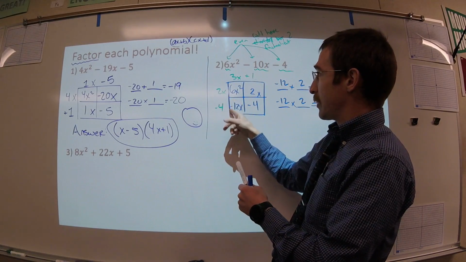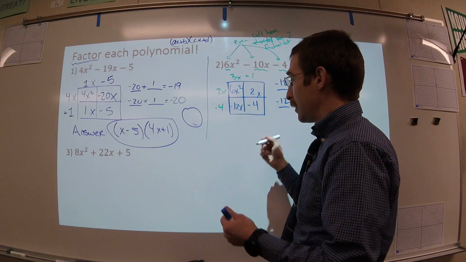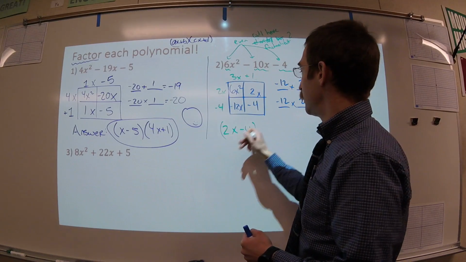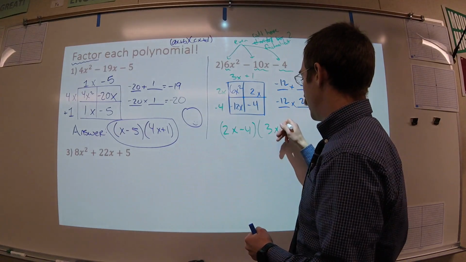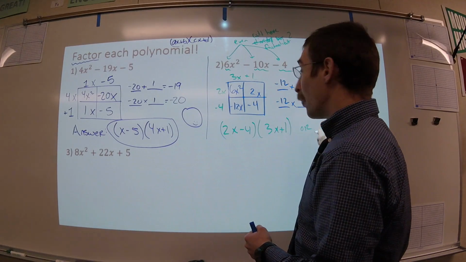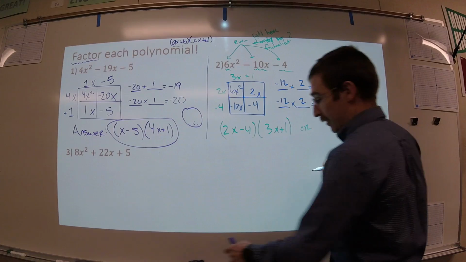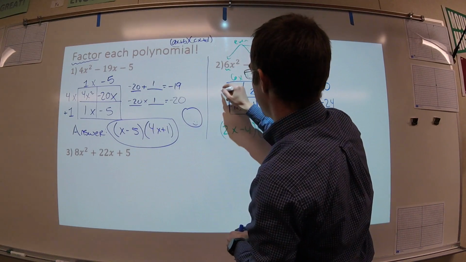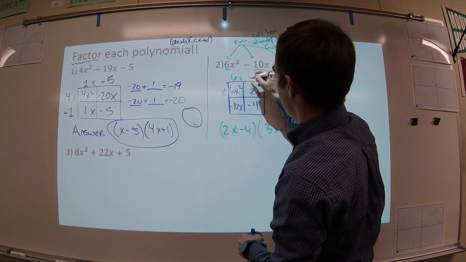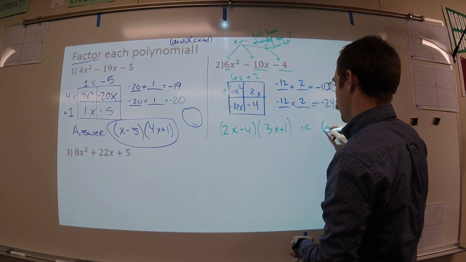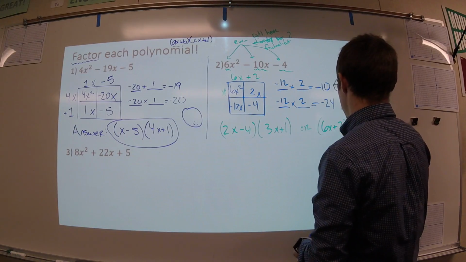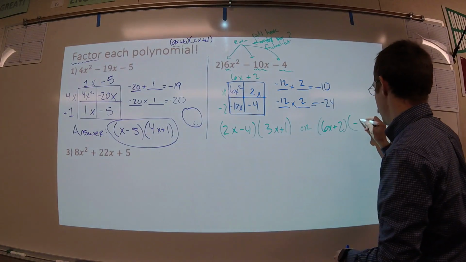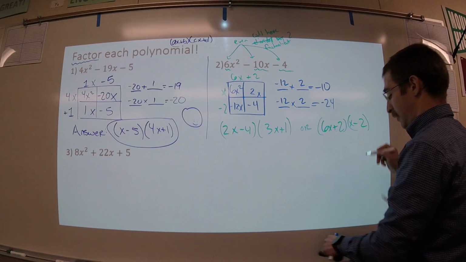Because notice we have the 2x minus 4 and the 3x plus 1. So we could either have 2x minus 4 times 3x plus 1, or we have 6x plus 2 times x minus 2. Well, there it is.